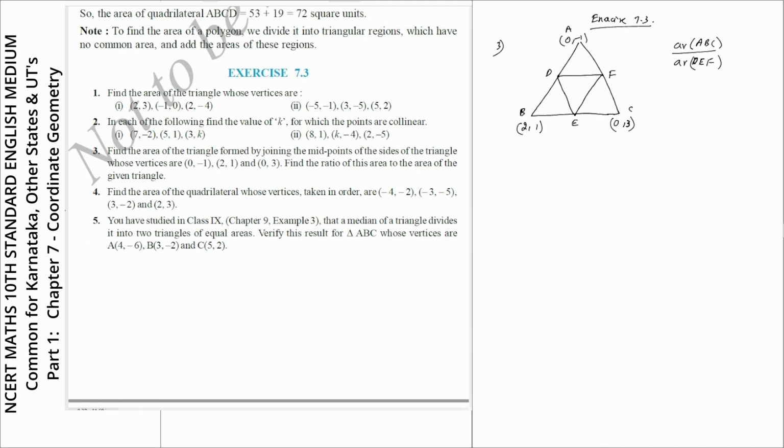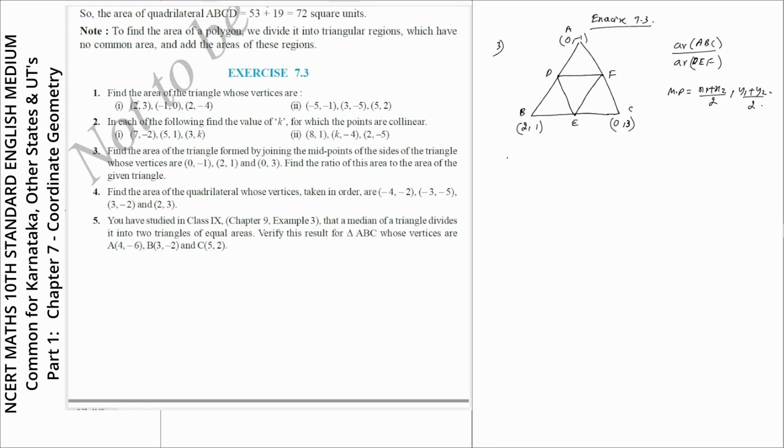So before doing this, I should find the midpoint of AB, BC and AC. So what is the midpoint formula? Midpoint formula is given by x1 plus x2 by 2, y1 plus y2 by 2.